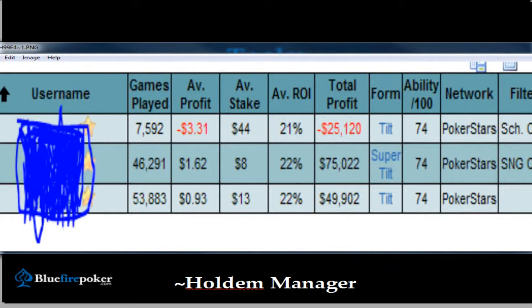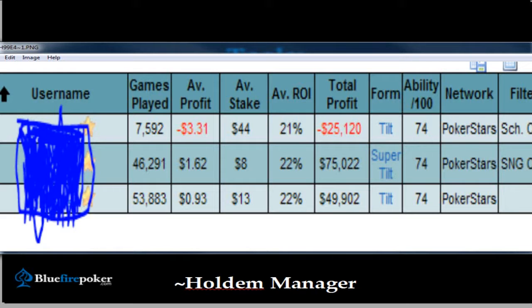I just don't want to show anybody's names here. Let's look at this player. He's someone who works with me, so I know pretty well now how he plays, but I already had a good idea when he talked to me for the first time and gave me his screen names and I looked for his results.